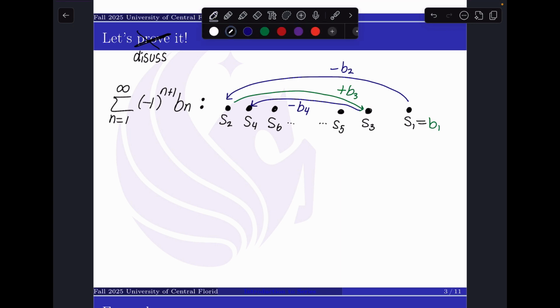So first of all, if I consider the sequence of partial sums, just the even partial sums, which I'm going to call S sub 2k, from k = 1 to infinity, this sequence, we can see that it is both monotone increasing, and we can also see that it's bounded.